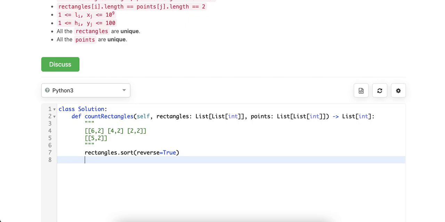The reason why we need to sort the points too, because we want to check the points starting from the biggest x of the point. Because if we check from the biggest x, it means we already check for the biggest rectangle accommodations to it.